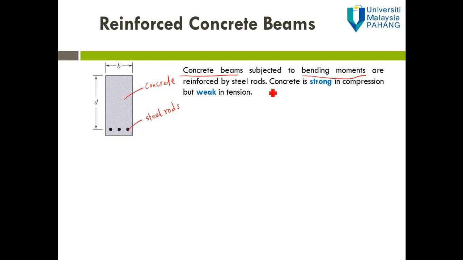For your information, concrete in general is strong in compression, but the concrete is weak in tension. This is why we apply the steel rod, so that the tension force or tension stress will be supported by the steel rod.